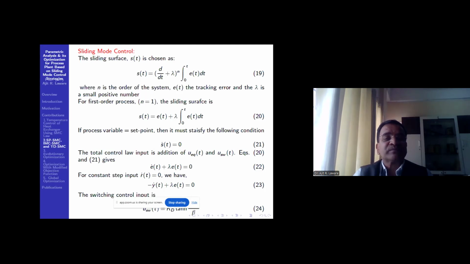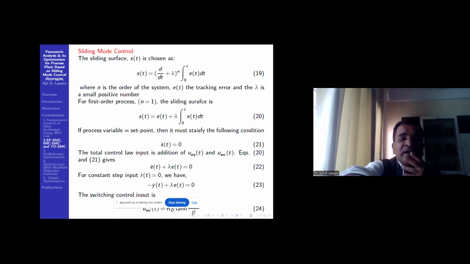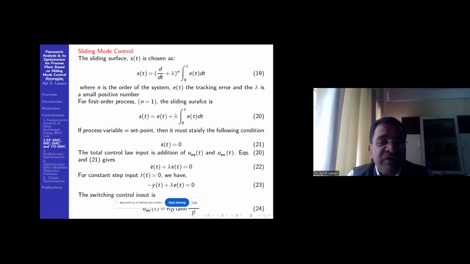Here the sliding surface has been chosen as represented by equation 19, where n is the order of the system, e is the tracking error, and alpha is greater than 0. So for a first order process n equals 1, for second order n equals 2, like that.